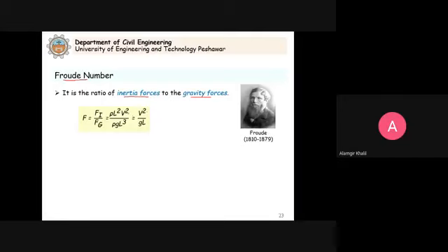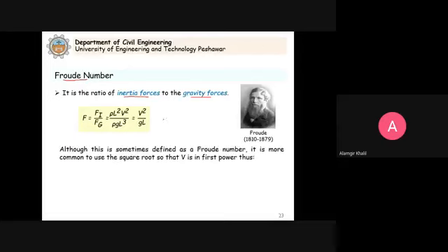This we already discussed. It comes out to be V squared by gL. Although this is sometimes defined as the Froude number, it is more common to use the square root so that V is in the first power. So commonly, we write the Froude number in this way.